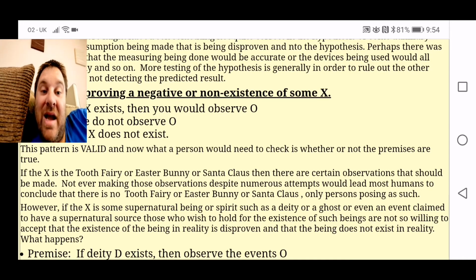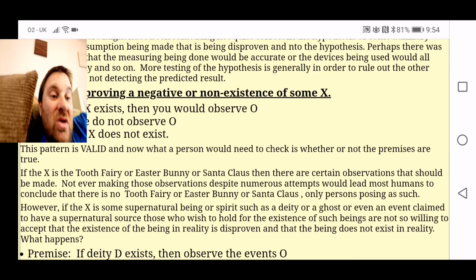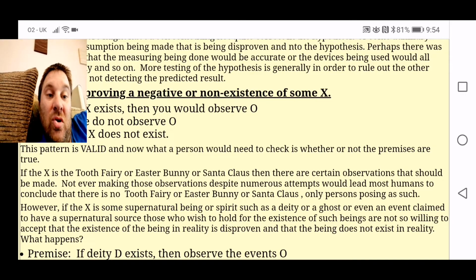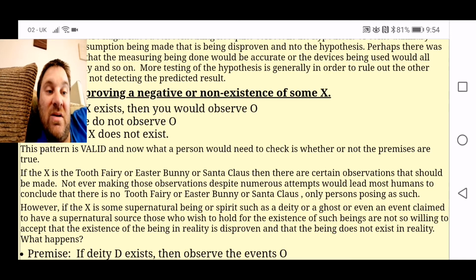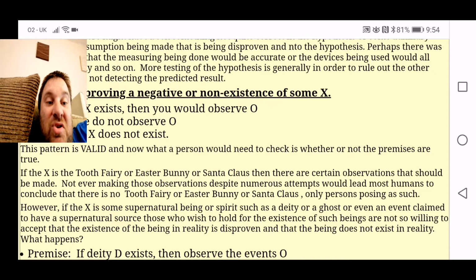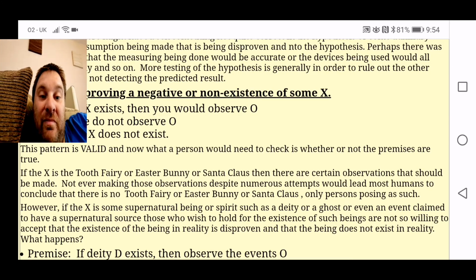However, if the X is some supernatural being or spirit, such as a deity or a ghost, or even an event claimed to have a supernatural source, those who wish to hold for the existence of such beings are not so willing to accept that the existence of the being in reality is disproven and that the being does not exist in reality. What happens?